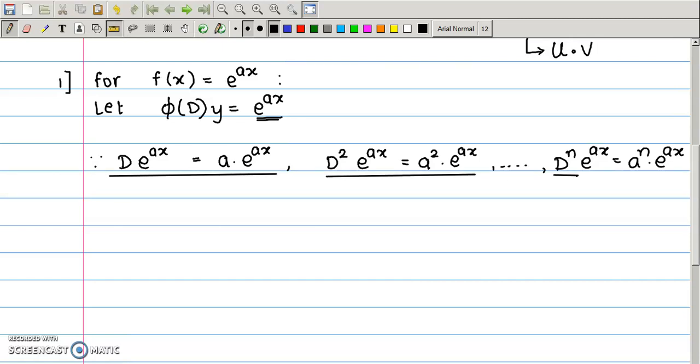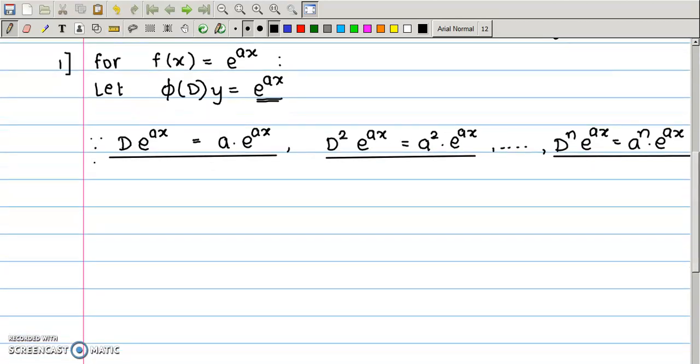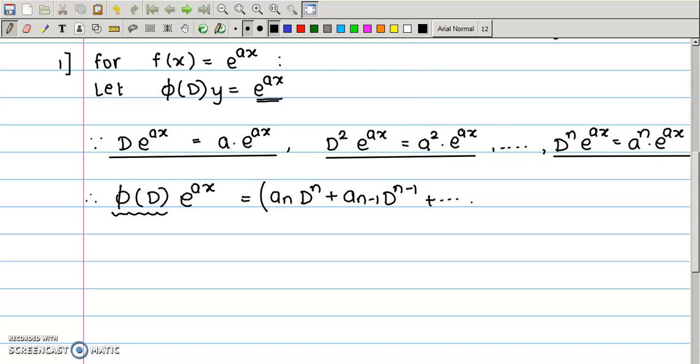So we use these terms, first order derivative, second order derivative, as well as nth order derivative, if we operate auxiliary equation on e raised to ax. Suppose this is nth degree auxiliary equation, then it will be an times D raised to n plus an minus 1 D raised to n minus 1 up to a1 into D plus a0 into e raised to ax.